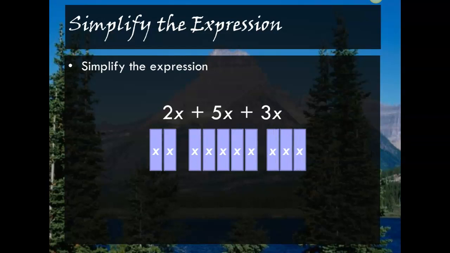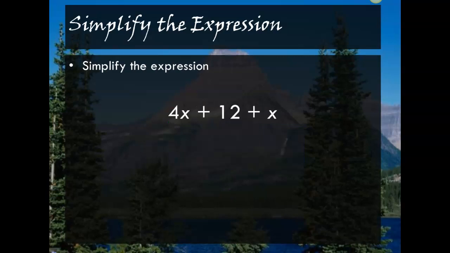We have 2 plus 5 plus 3, all times some unknown value of x. Therefore, to simplify the expression, we add the coefficients of the like terms. 2 plus 5 plus 3 equals 10. To simplify this expression, we will simply write 10x.